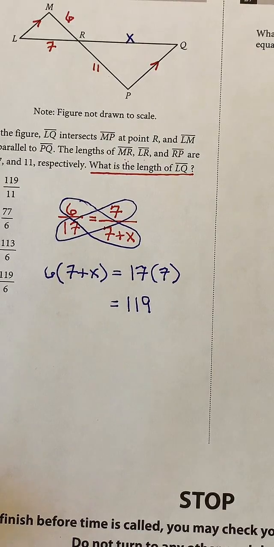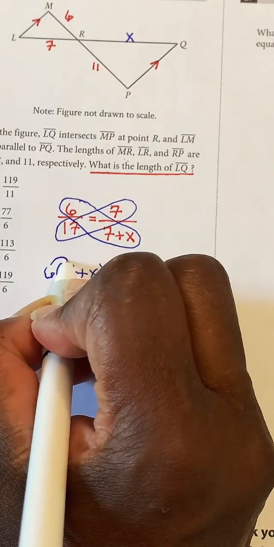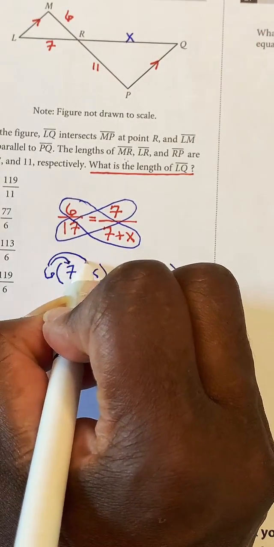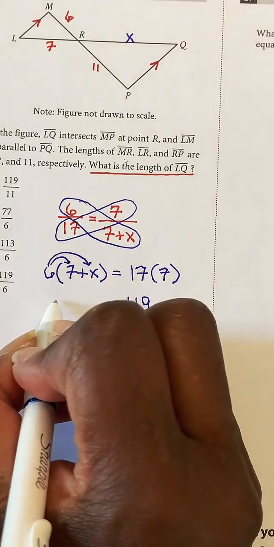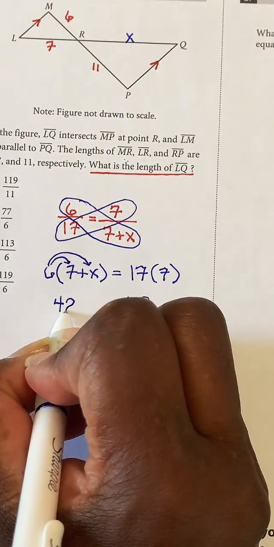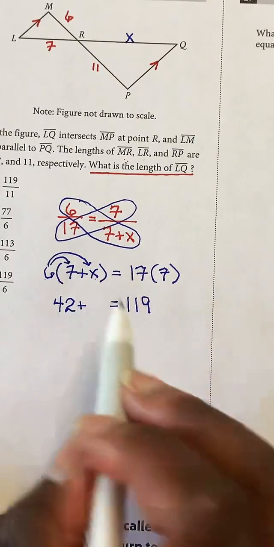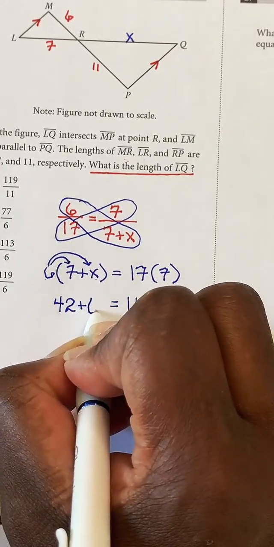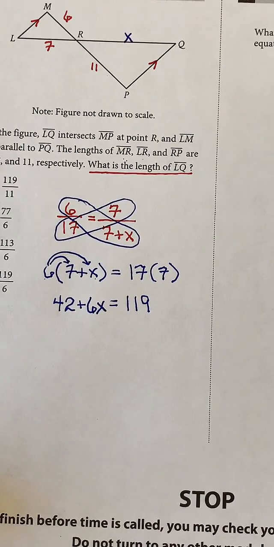And then over here, you can distribute. So 6 times 7 gives me 42, plus 6 times x. Do not just write x. It's going to be 6x. Thank you, Trip. So you're looking at possibly that.